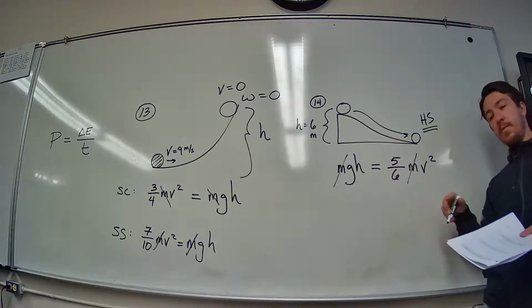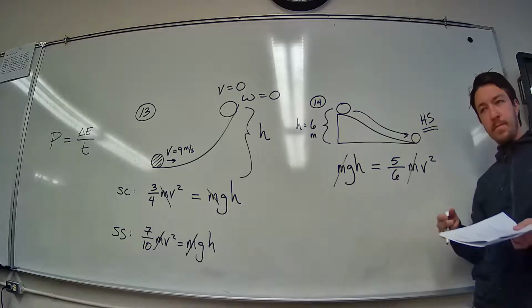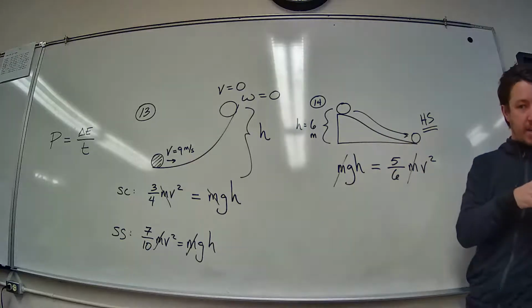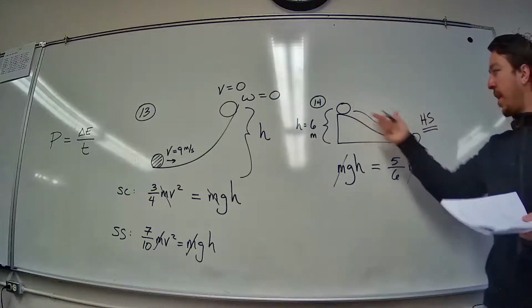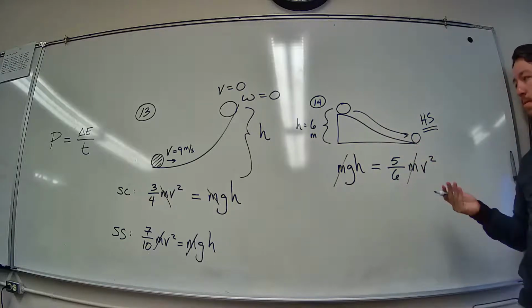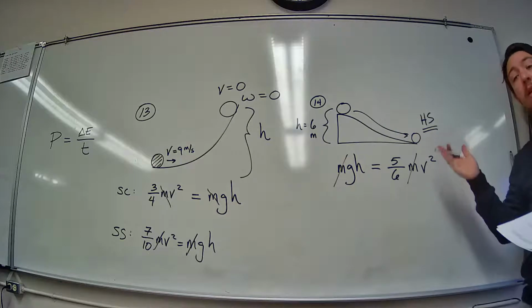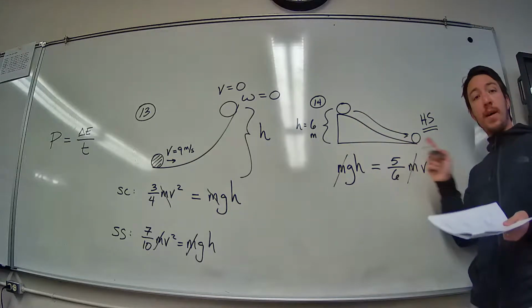We saw that before with alpha: the bigger the I value, the smaller the alpha. So we've already talked about the ranking of who makes it down the ramp fastest. The solid sphere would win the race, and it would have the biggest speed.